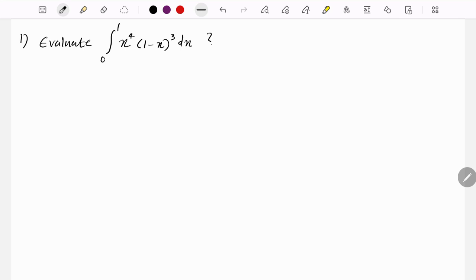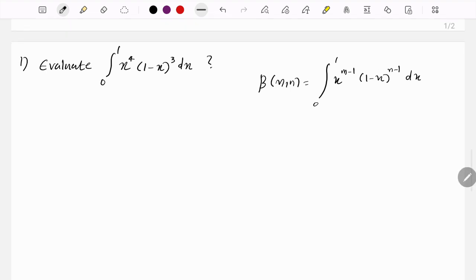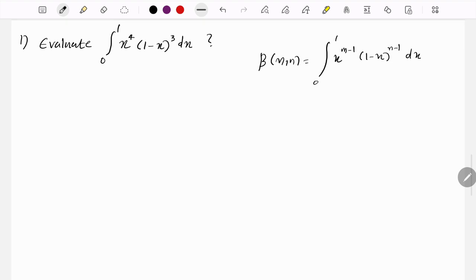So we can solve this integral using the beta function. We know beta(m, n) is equal to the integral from 0 to 1 of x to the power m minus 1 into (1 minus x) to the power n minus 1 dx. Okay, so comparing this equation, the power of x, that is m minus 1, is equal to 4.